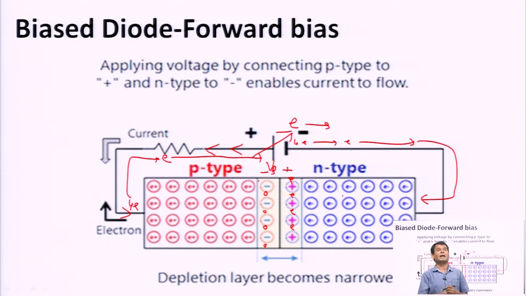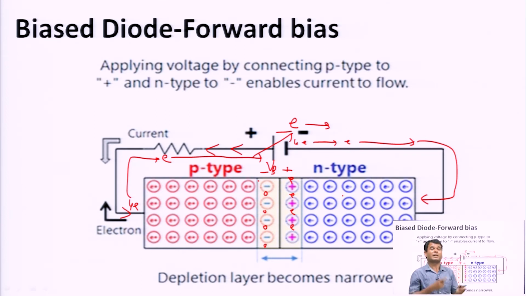The amount of the current will depend on the forward voltage, the applied voltage, how much voltage we are supplying here. As we increase the voltage, the circulation of electrons will increase and current will increase in the anti-clockwise direction.